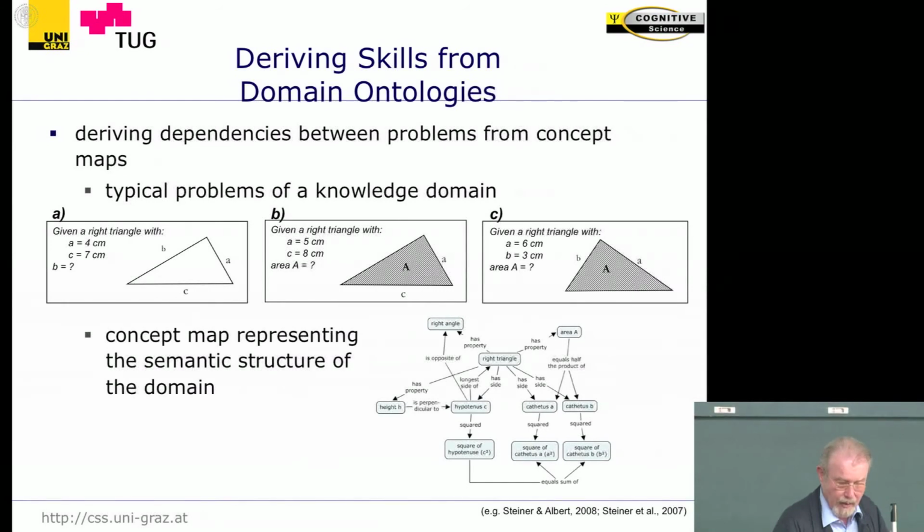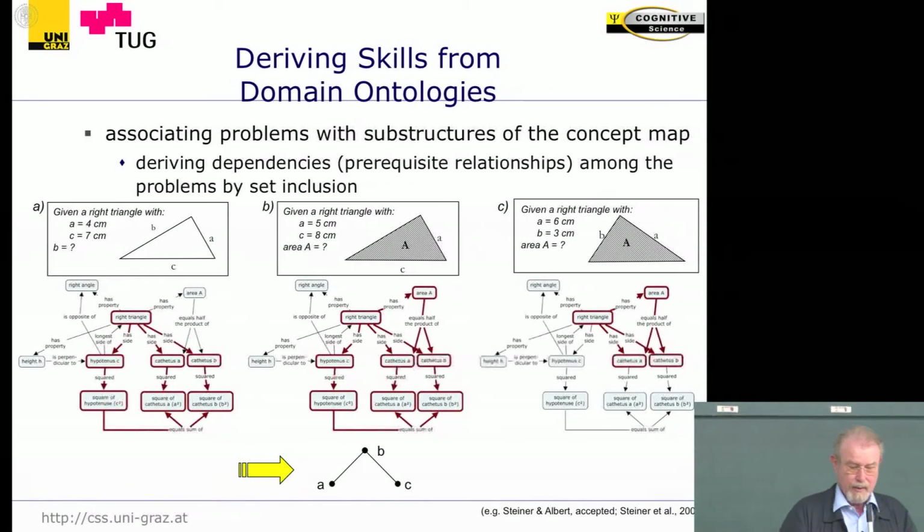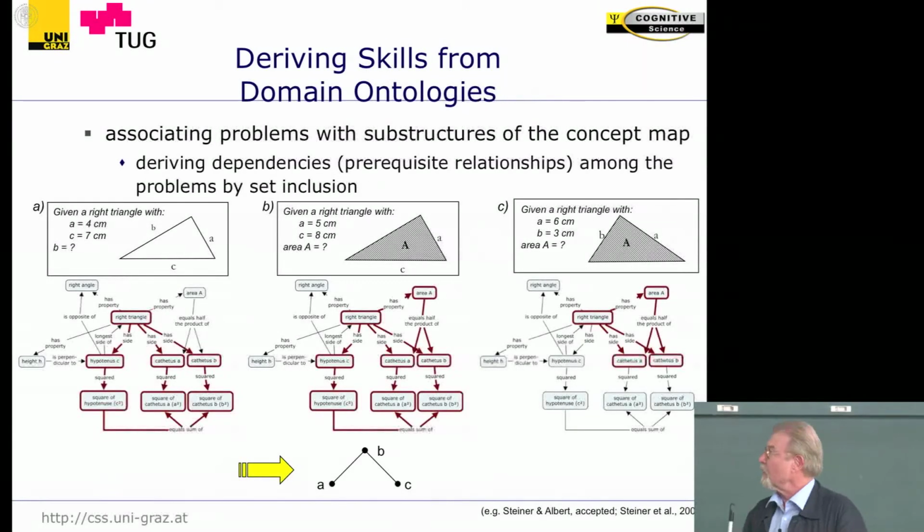In this example, we have the problems A, B, and C, and we ask which are the corresponding propositions assigned to these problems, and we easily see these are the concepts assigned to this problem, and so on.